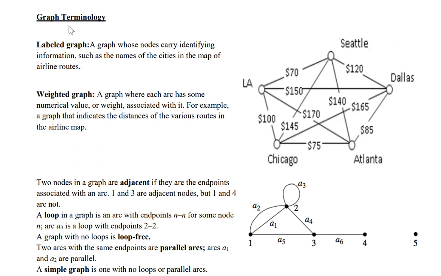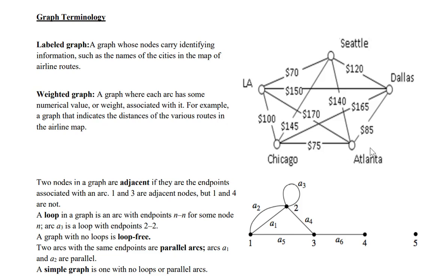Now let's learn some terminology that deals with graphs. We have labeled graphs, a graph whose nodes carry identifying information such as names of the cities in the map of an airline route. Weighted graphs are graphs where each arc has some numerical value or weight associated with it.